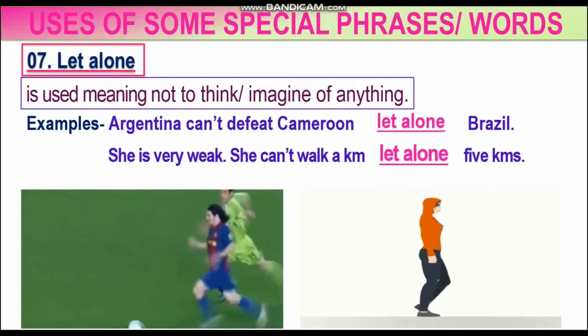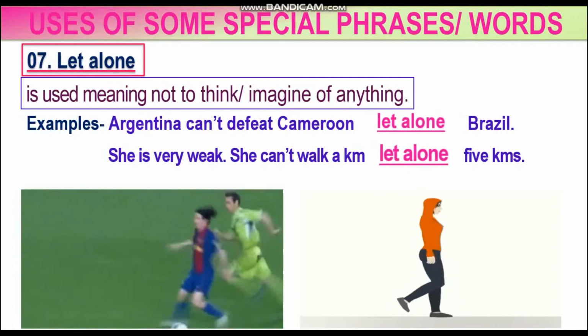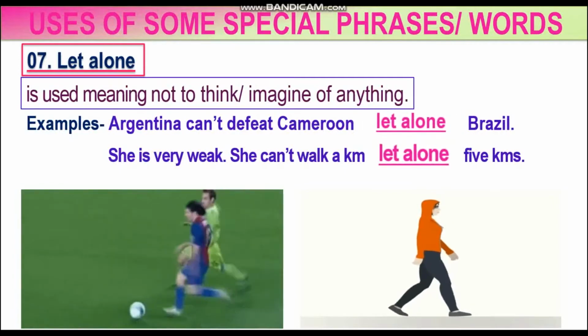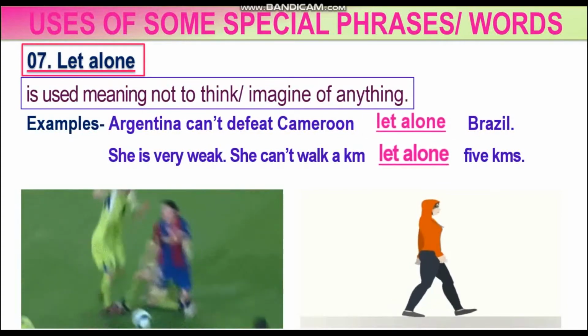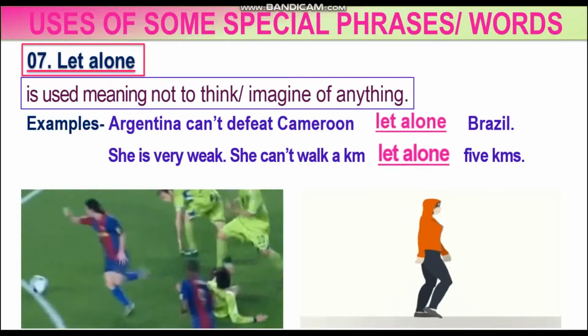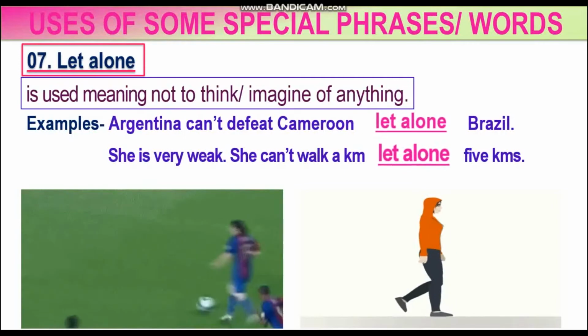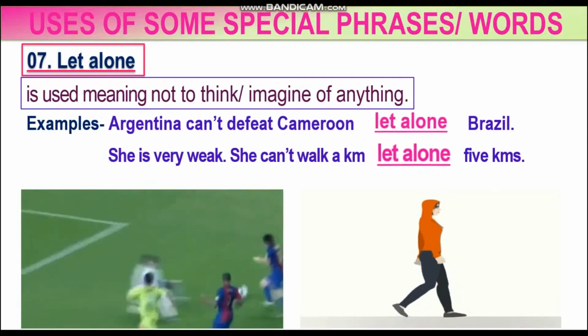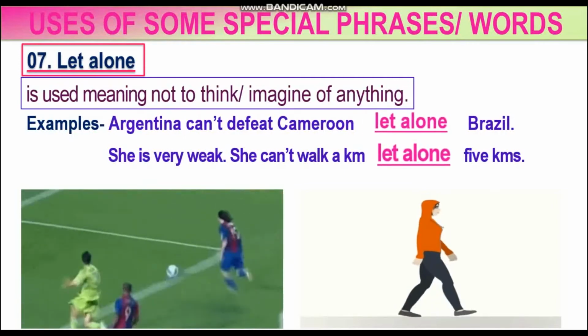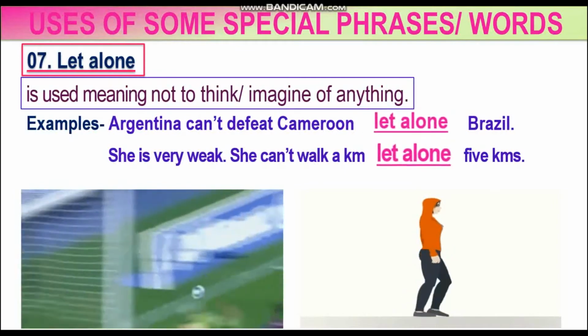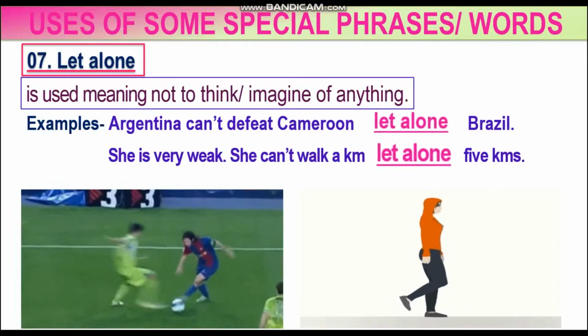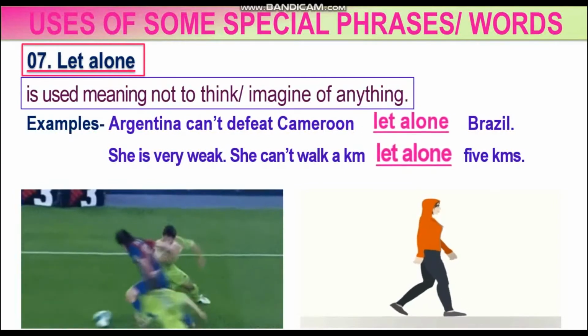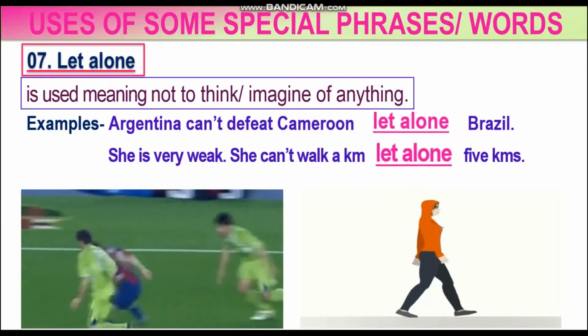So it is not possible for Argentina, or we can't think or imagine about Argentina defeating the stronger team Brazil. That's why the phrase let alone is used in the sentence before Brazil.